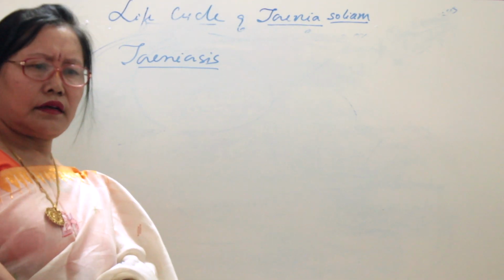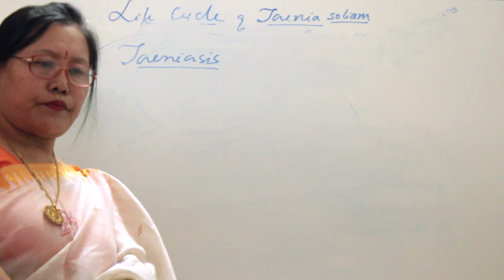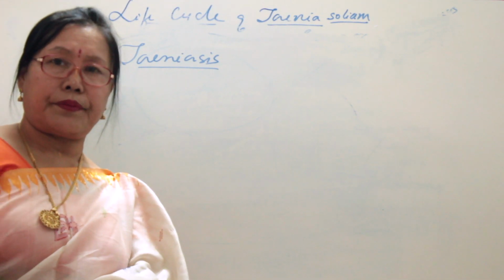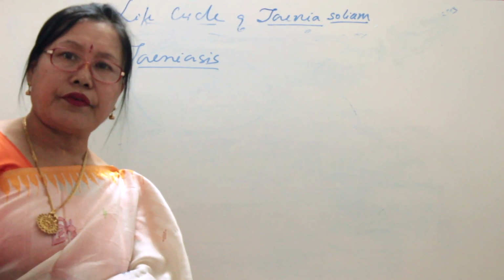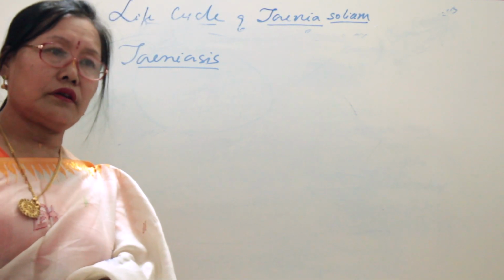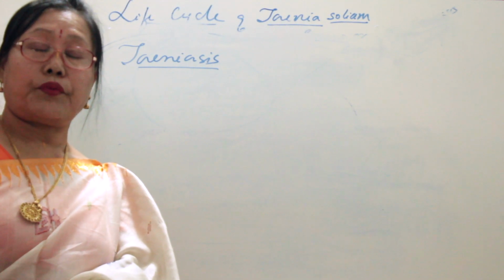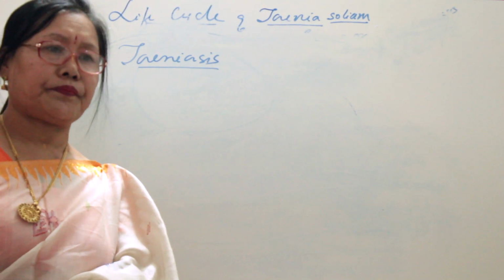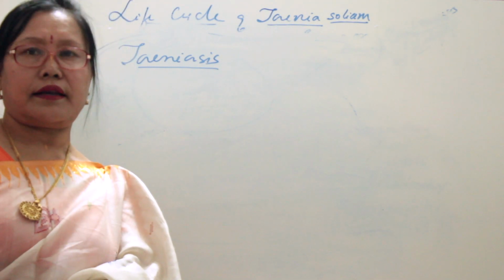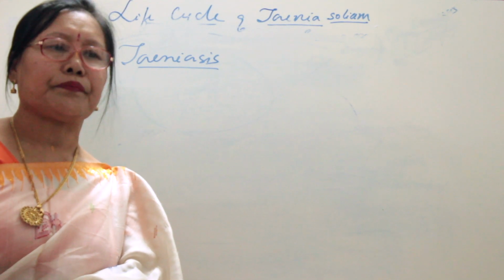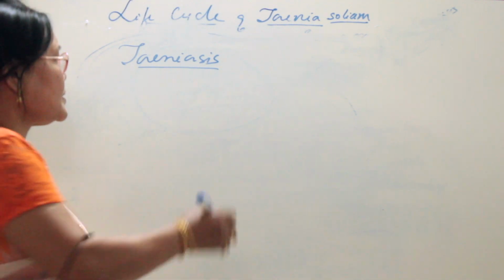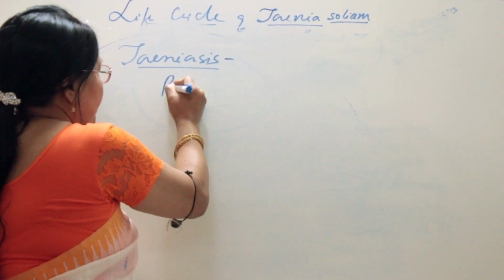In this case, the main symptoms are abdominal pain, loss of appetite, etc. Some mild symptoms are present in the primary infection, when men get infected by eating raw and not properly cooked meat. In such cases, the adult stages develop in the small intestine and there will be some abdominal pain, loss of appetite, etc.